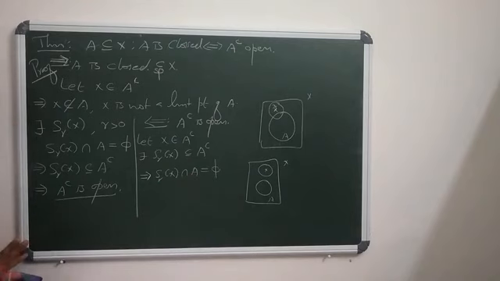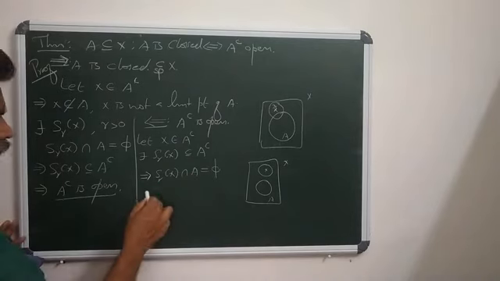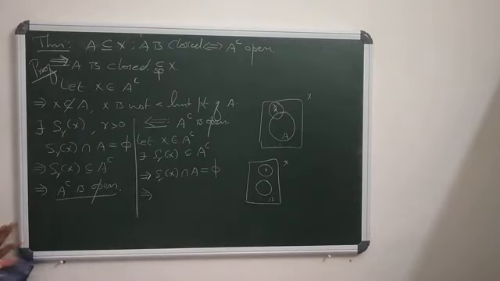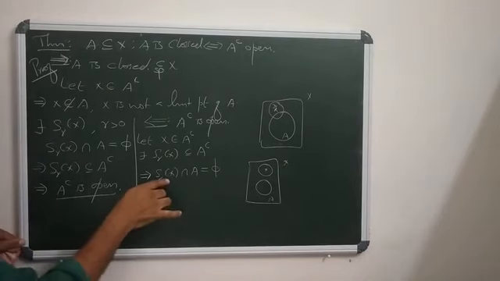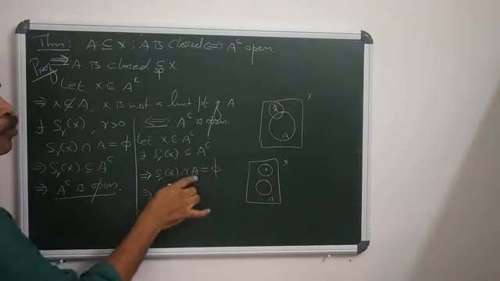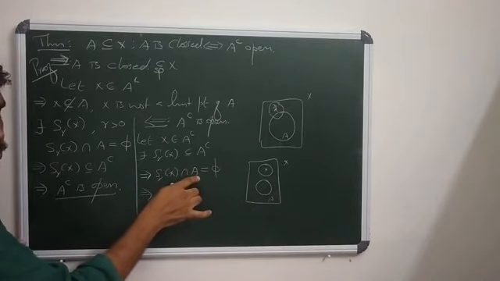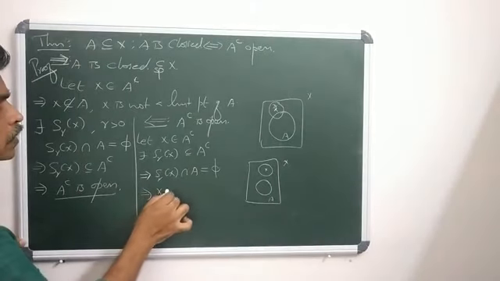They are mutually disjoint. That means there exists an open sphere centered at X which contains no points of A.